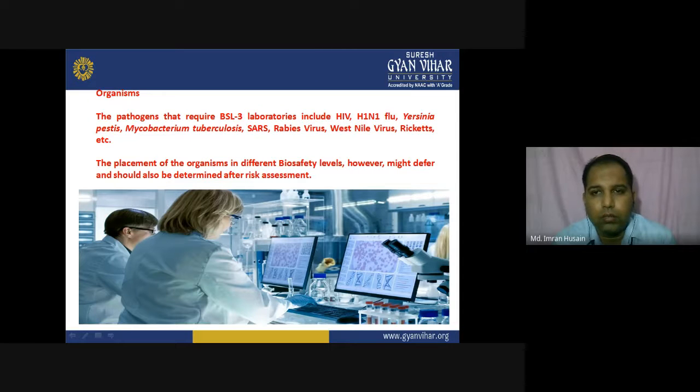So organisms that are used in BSL-3 facilities are like HIV, Mycobacterium tuberculosis, SARS, rabies virus, West Nile virus, etc. Placement of organisms in different biosafety levels, however, might differ and should be determined after the risk assessment. Okay, the riskier the organism, it should be placed accordingly.